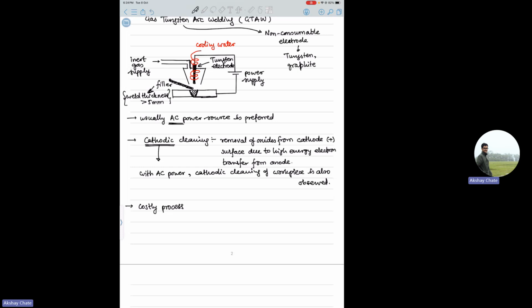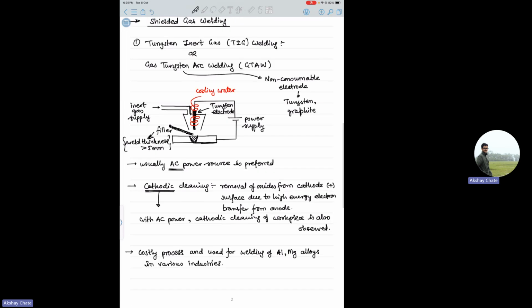So it's a costly process, and used for welding of aluminium or magnesium alloys in various industries. Okay, so industries could be aerospace, automobile, chemical, etc. But it's a costly process. Okay, it's not that widely used, because you have to make a lot of investment for this. Okay, so this is about TIG.